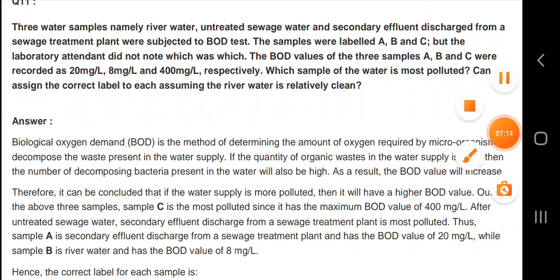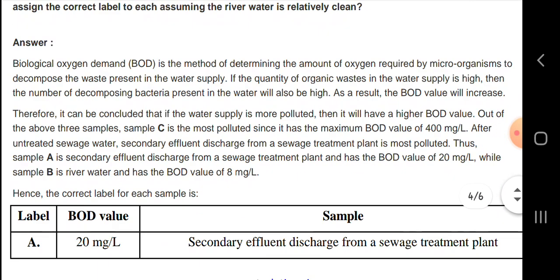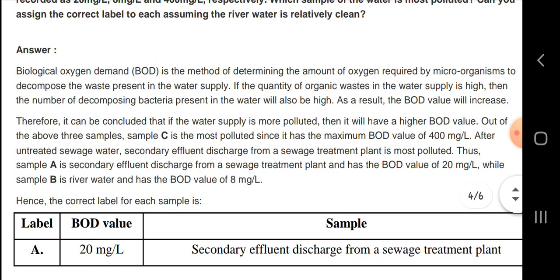Biological oxygen demand is the method of determining the amount of oxygen required by microorganisms to decompose the waste present in the water. Out of the above 3 samples, sample C is the most polluted, since the maximum BOD value of this is 400 milligram per liter, after 20 and 8 milligram per liter, so this is the highest.